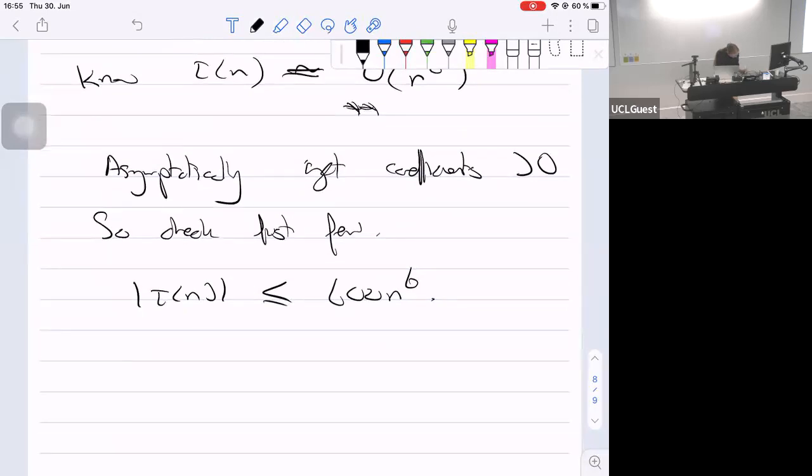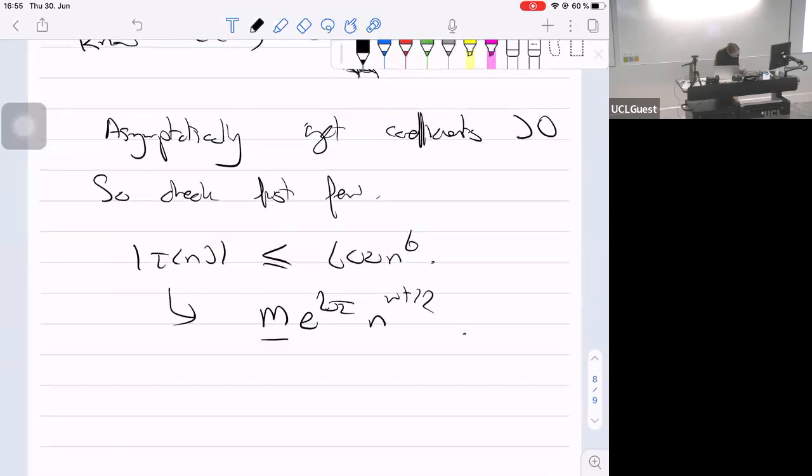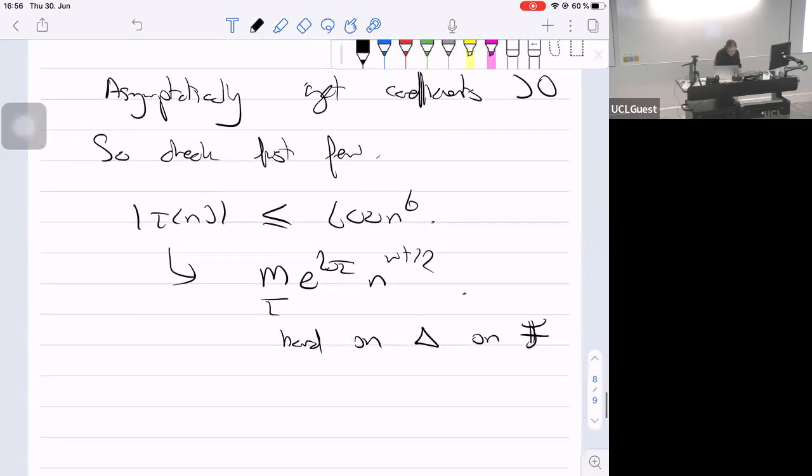So from the solution to the exercise on the first sheet, we had something like e to the m times e to the 2 pi times n to the weight over 2 as the bound when you looked at the absolute value of the coefficients, where this m was the absolute bound on whatever the cusp form was, so in this case delta, on the fundamental domain.